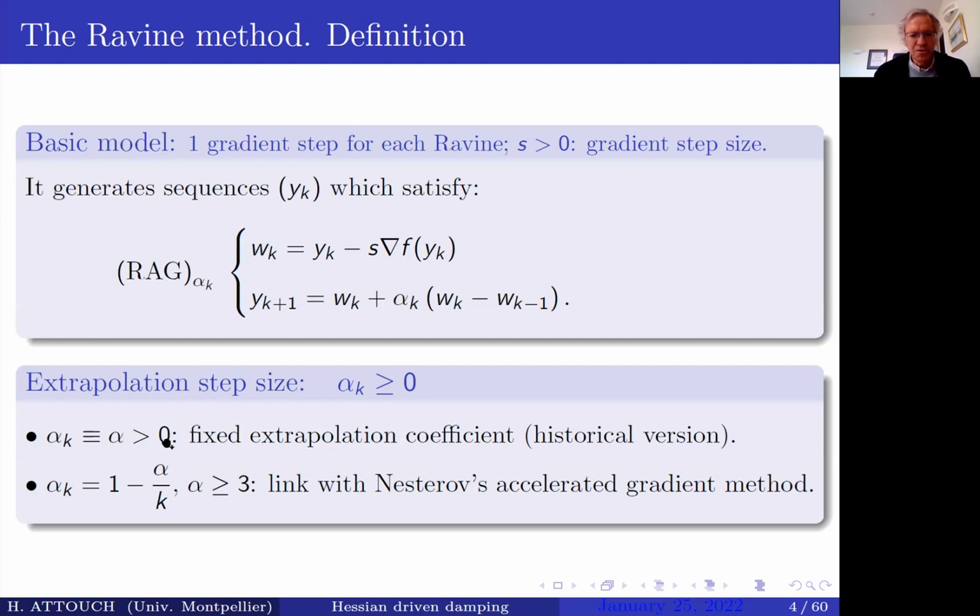In the historical version of the Ravine method, the extrapolation is fixed. And in modern algorithmic methods, you know that taking the extrapolation of the form 1 minus alpha over k, where alpha is greater or equal than 3, is very interesting. It makes acceleration, and it's directly linked with the Nesterov accelerated gradient.